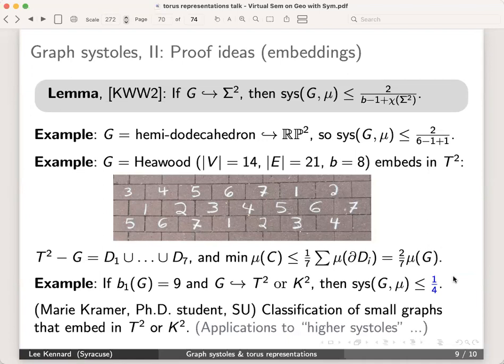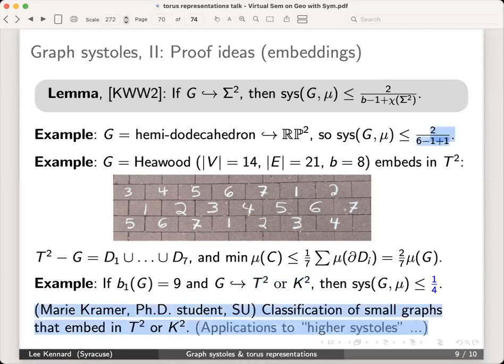It's known for abstract reasons that the total number that don't embed in the torus or the Klein bottle is a finite list if you order by subgraphs and minors and things like this. There's a finite list of obstructions. This is a famous result going back to Robertson and Seymour. For a torus and for a Klein bottle, the list is in the hundreds for cubic graphs.